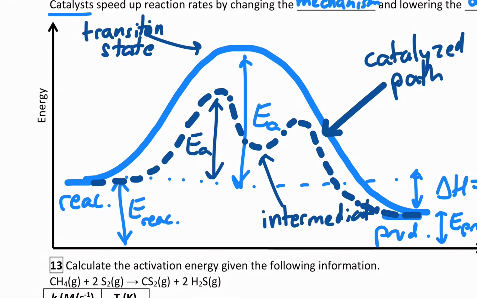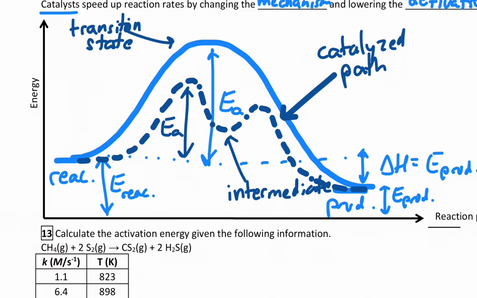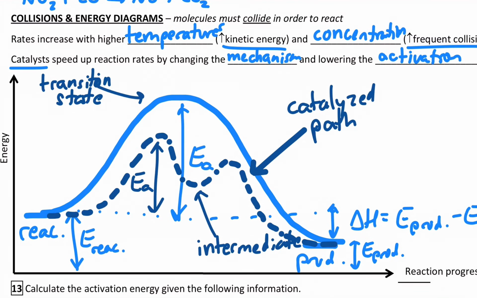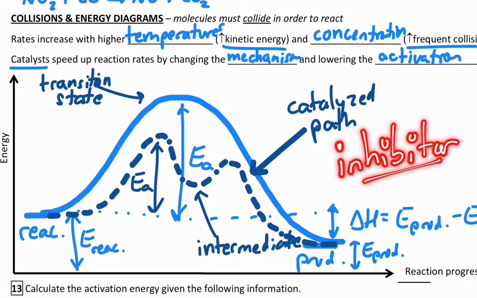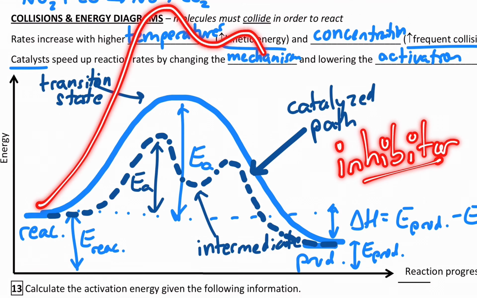If you have a pathway with a catalyst, there has to be some kind of intermediate that's produced. And that's what a catalyzed pathway is. Just for fun, you might hear in biology what is called an inhibitor. And an inhibitor is very similar to a catalyst. It just does the opposite. It gives you a pathway that's intentionally slower. Sometimes we want reactions to slow down because they're too fast.